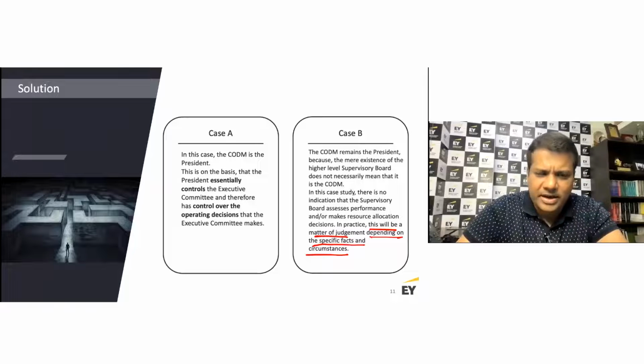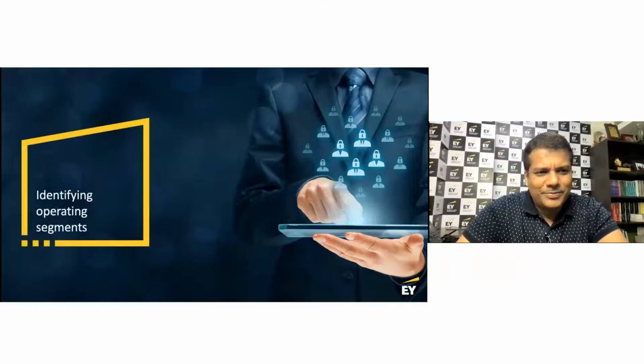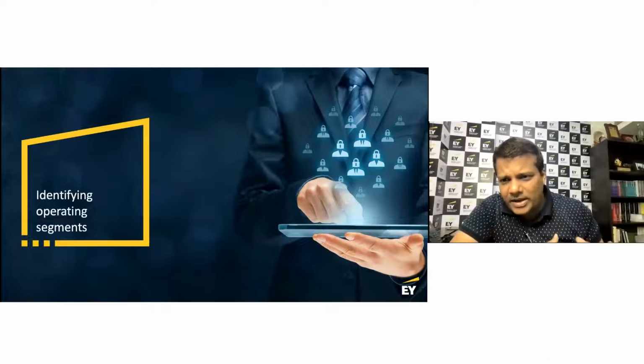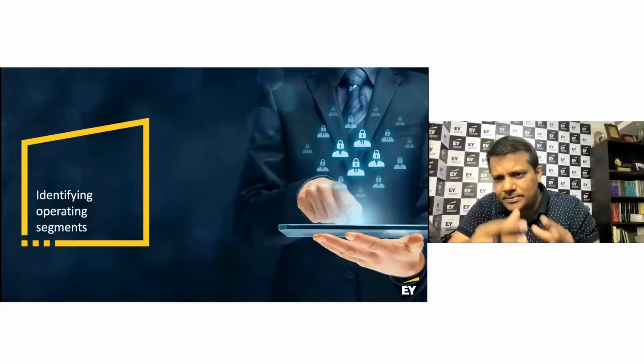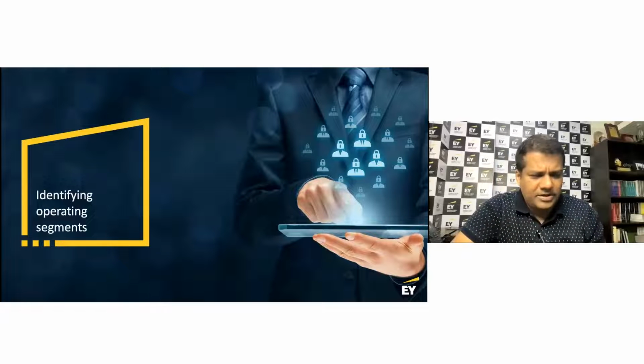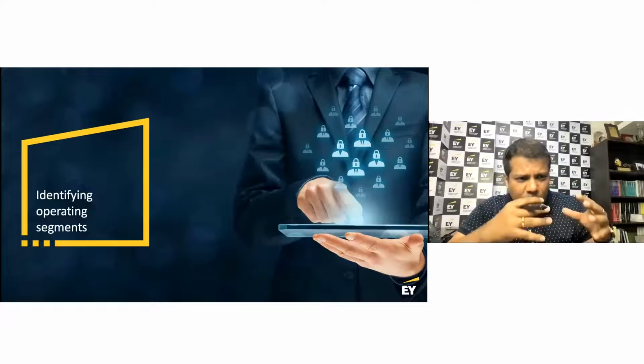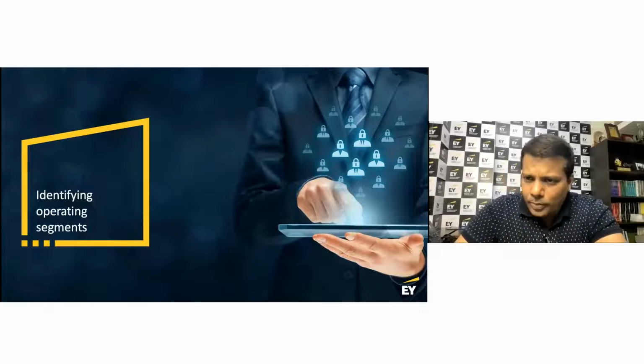So we have identified the CODM and understood the principles of its identification. Now we move to step 2, which is to identify the operating segment.